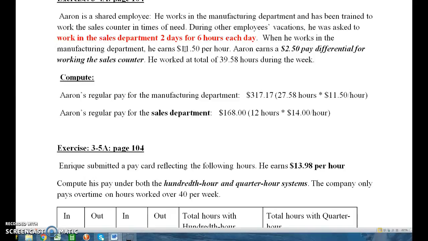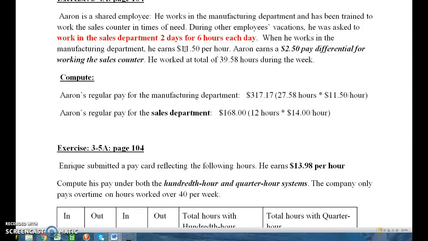Now, he worked 39.58 hours during the week. So in order to figure out what he worked in manufacturing, we're going to take 39.58 minus 12, which is 27.58 hours, multiplied by $11.50 per hour. In the manufacturing department, he earned $317.17.